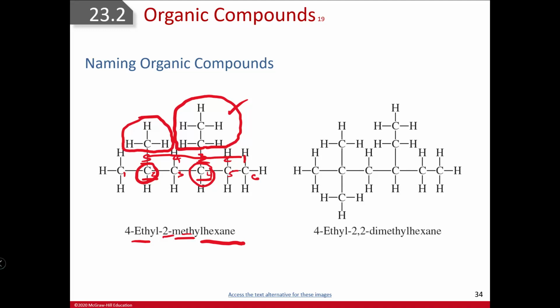All right, so then let's look at this one. Again, the longest chain is 6 carbons. And so, again, this numbering system gives us the lowest overall. So this ethyl is still on the 4th carbon, so 4-ethyl. Ethyl takes precedence over methyl, even though this is di.